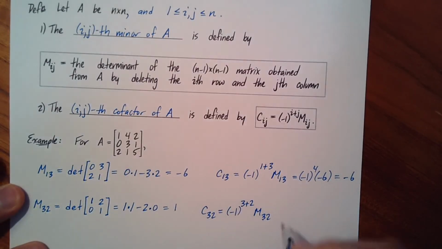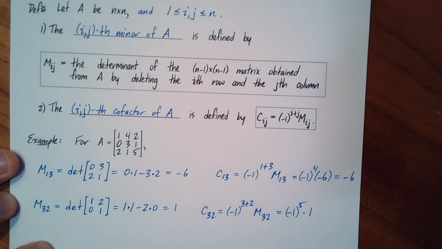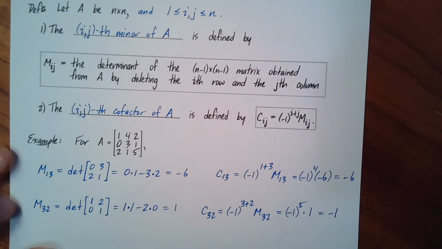So really we've got negative 1 to the 5 times positive 1. And of course negative 1 to the 5, that's an odd power of negative 1, so you just get negative 1. So we have negative 1 times positive 1, which is negative 1. And that's the 3, 2 cofactor.